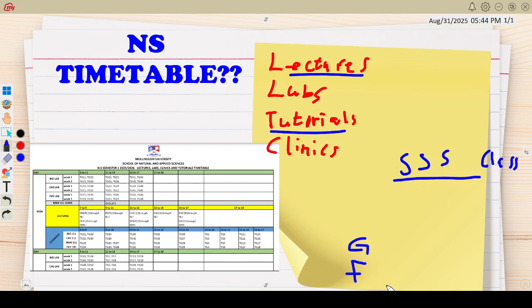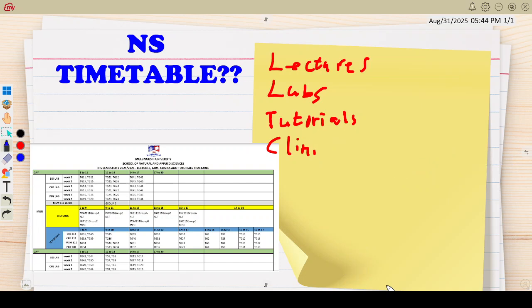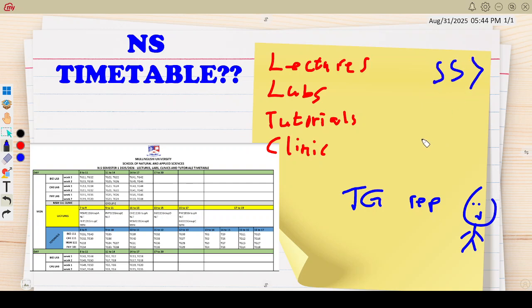So now what happens is this. How will you be having your tutorials? So in your specific tutorial group, you are going to have someone who is called the TG rep. So it will be the duty of this guy to look for you a venue. So the tutorial group representative will look for a venue, maybe down school at one of the SS classes.